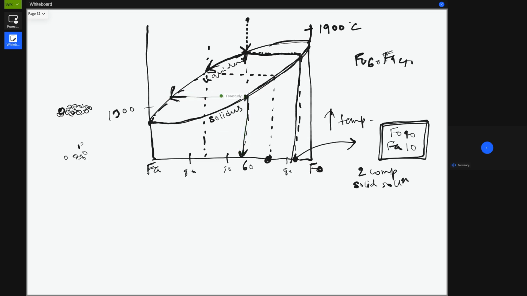This is the melt composition. Then here the melt will stop, and all the melt will crystallize, and the last mineral to crystallize from the melt will have the same composition of, say, Forsterite 60 and Fayalite 40.